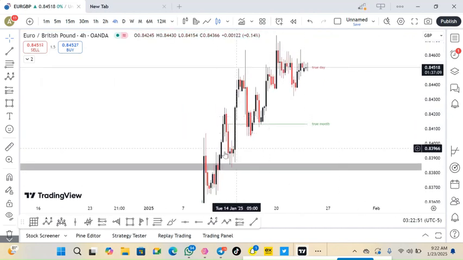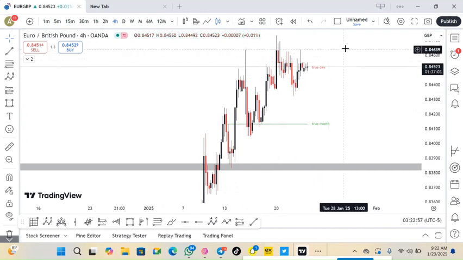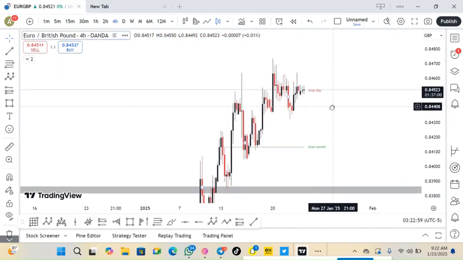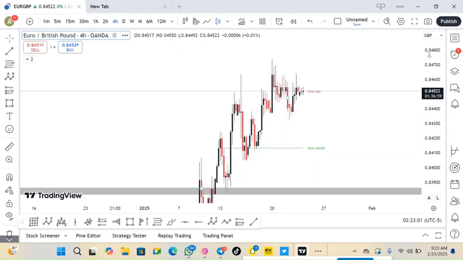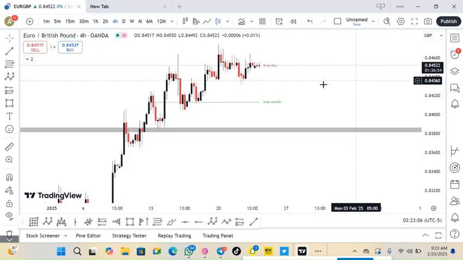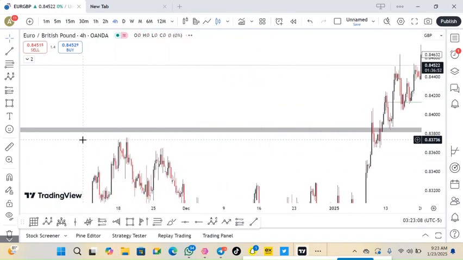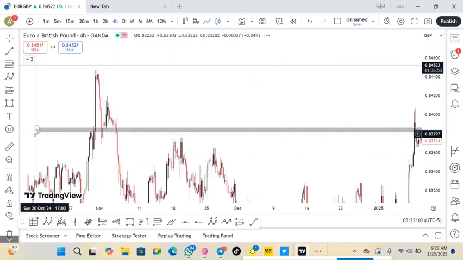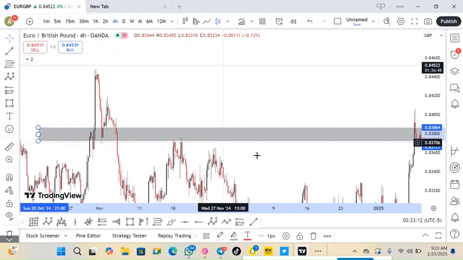You can see price is making higher highs, higher lows, higher highs, and higher lows. If price is going to continue moving up, we're looking at this weekly demand area that was broken.